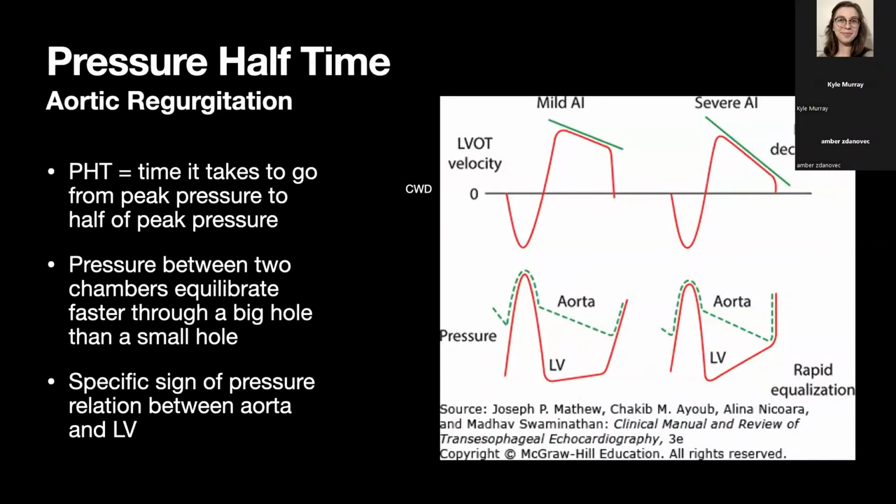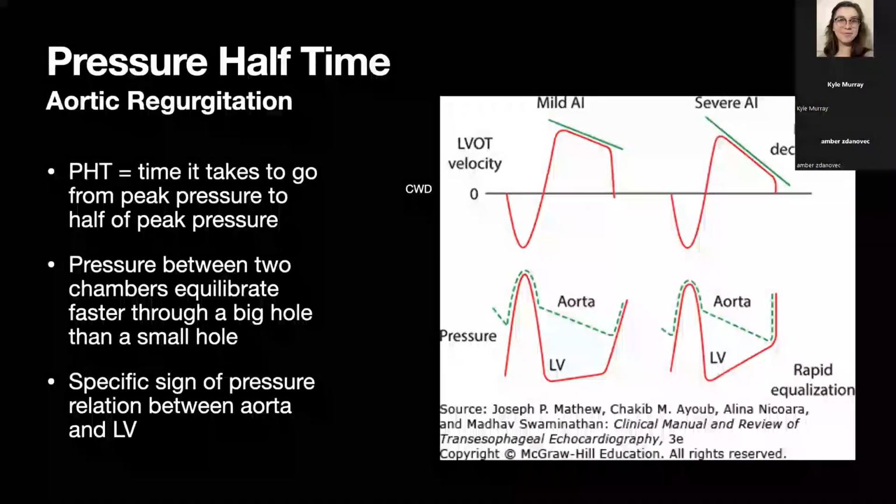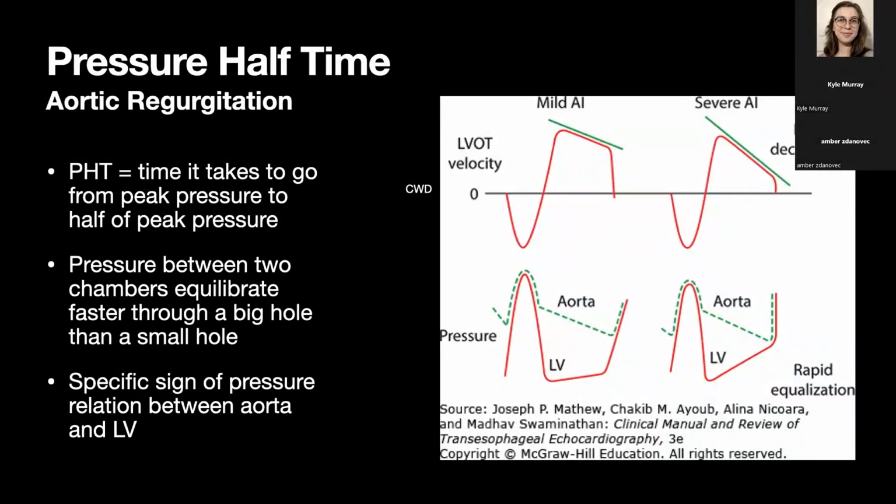The other thing you can measure is pressure half-time. So pressure half-time is the time it takes to go from peak pressure through the regurgitant hole to half that pressure. So if you have a large hole between 2 chambers, is the pressure going to equalize quickly or slowly? Quickly, right? A big hole, the blood can get between the 2 and equalize.